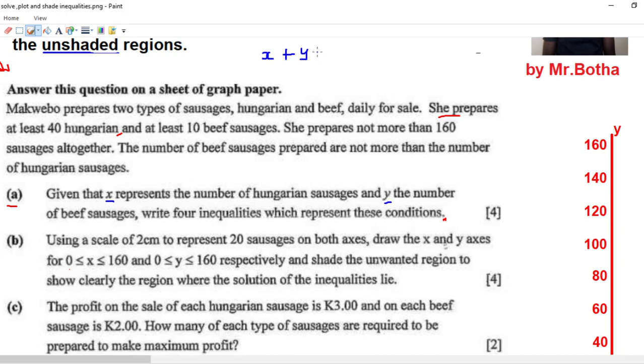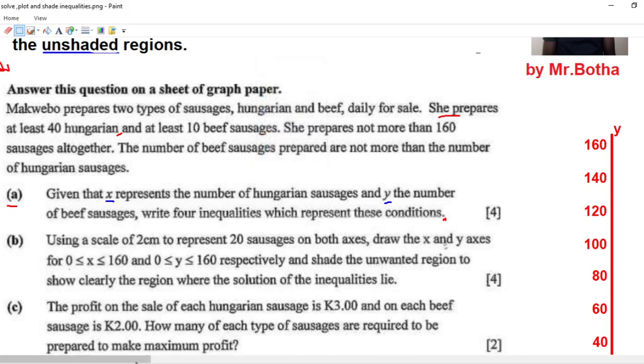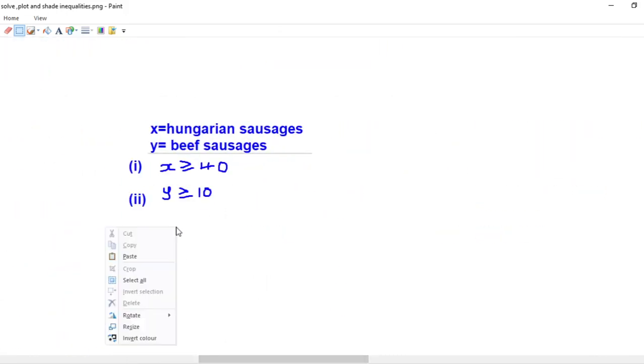What does it mean if something is not more than 160? That means this should be less than or equal to 160. So that's our third inequality. Let me just get this as well. Let's arrange it nicely here.